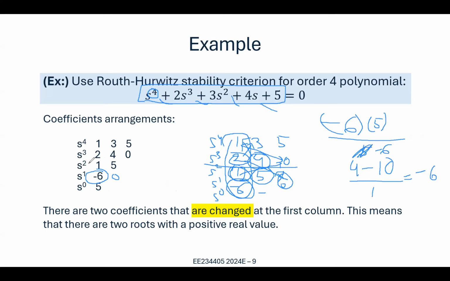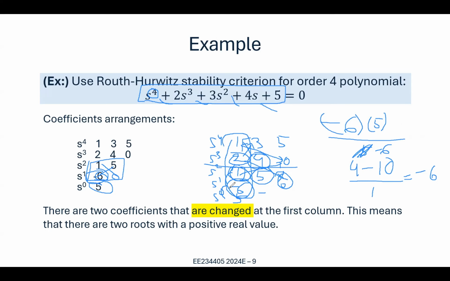So this would be minus 6 times 5 divided by minus 6, which is 5. In this case, this is positive, but it does not really matter in terms of stability, because we already knew that the system is unstable due to a change of the sign here.